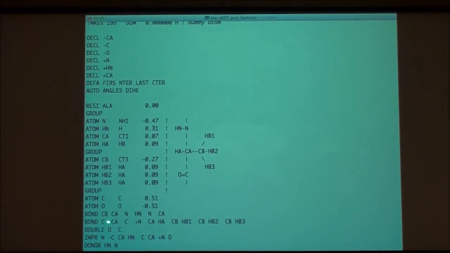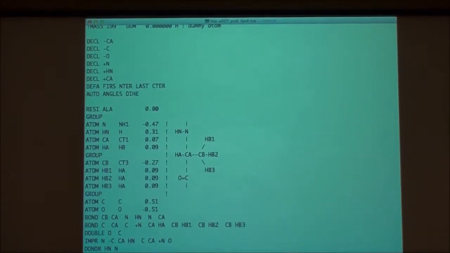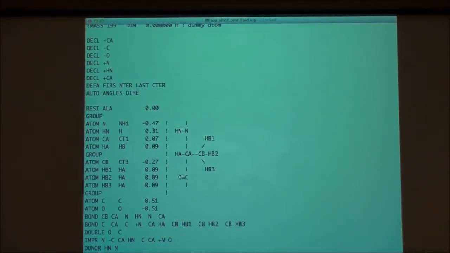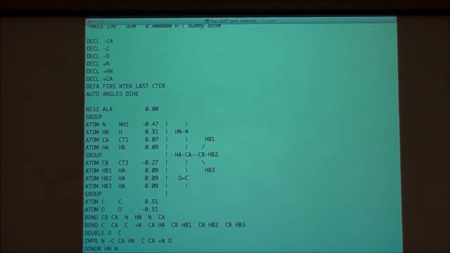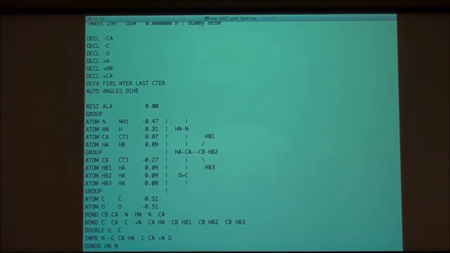CP is connected to CA, N is connected to HN, and so on. So your connectivity is defined here, and all the bonds are defined here. Angles and dihedrals are generated automatically, usually with the auto angles, dihedrals setting in this file. By default, the first and last residues will be capped because it's assumed to be a protein. This whole thing evolved around protein simulation.